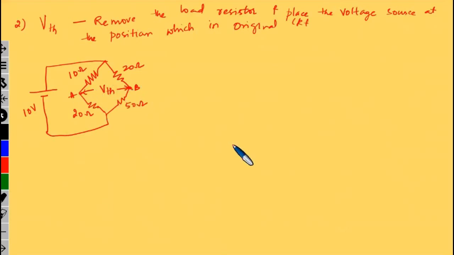As usual, we need to find the voltages. Here you can observe that this V Thevenin is nothing but the voltage across this 10 ohm resistor, and the difference between the voltage across this 10 ohm resistor and the 20 ohm resistor. That means it is acting as a loop, and we can write the loop equation for this circuit.